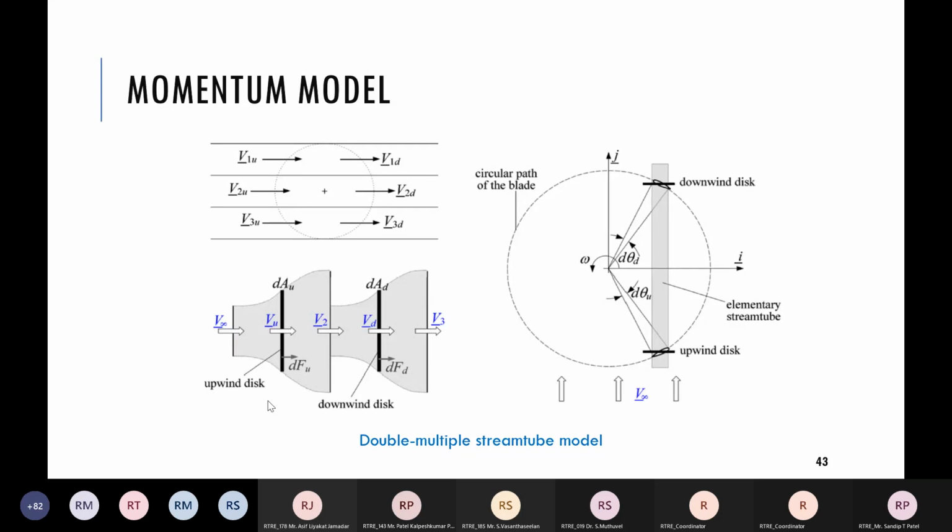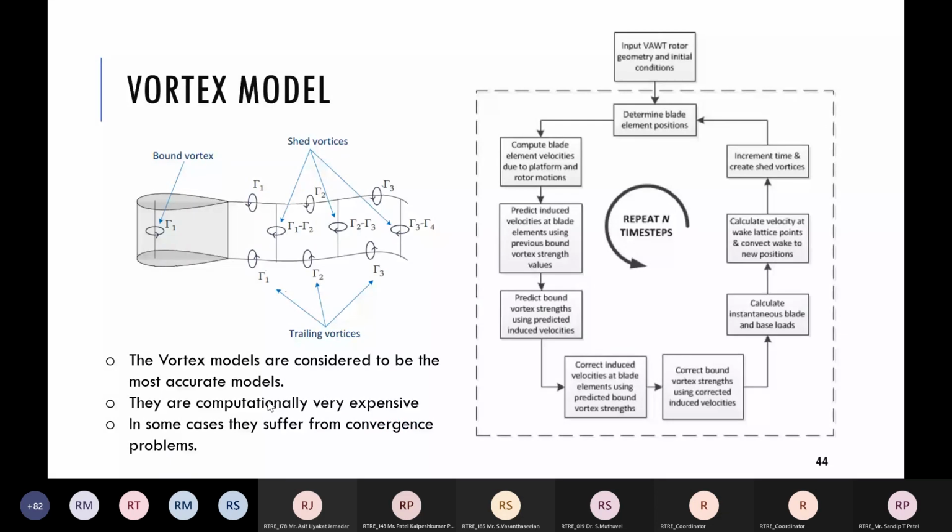Then comes the vortex model. This is considered to be the most accurate compared to every other model, but the computation is very expensive. It is very time consuming, and sometimes convergence problems are always there.